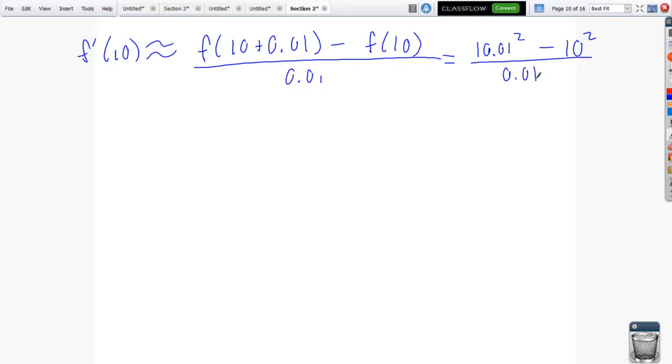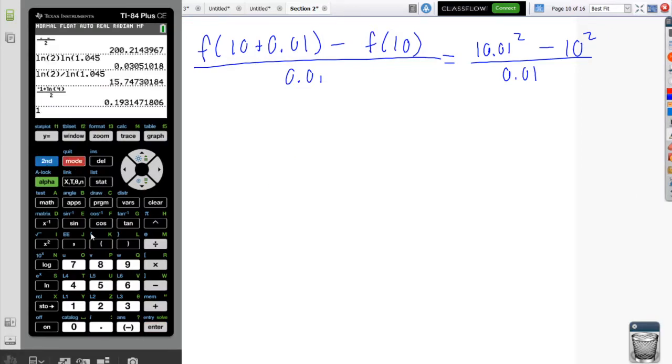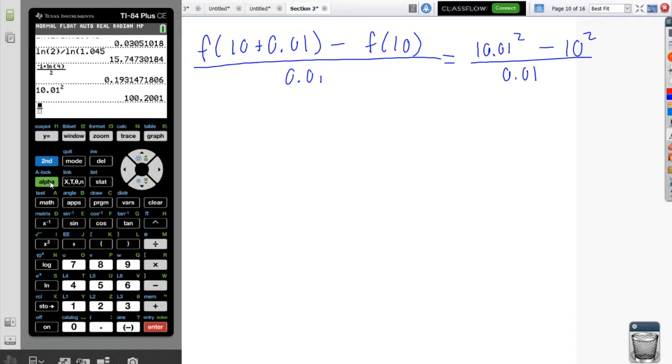Now looking at that, I might need to use a calculator. I don't really know what 10.01 squared is. Maybe you do. Maybe you're better than I am. Let's use my calculator and quit out of that. Let's do this: 10.01 squared minus, I'm going to impress you guys, I know what 10 squared is, over 0.01.